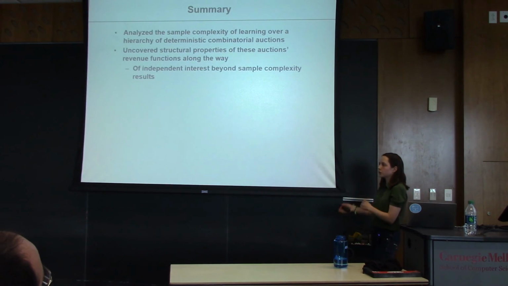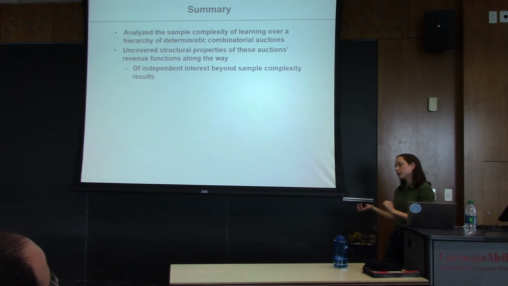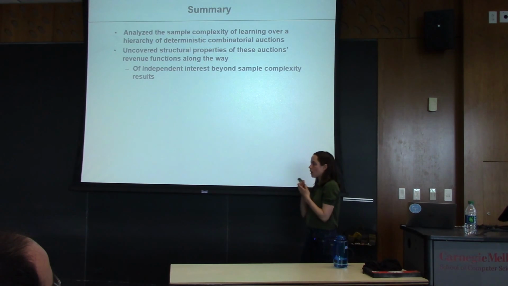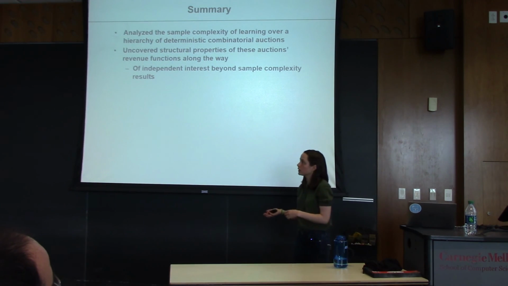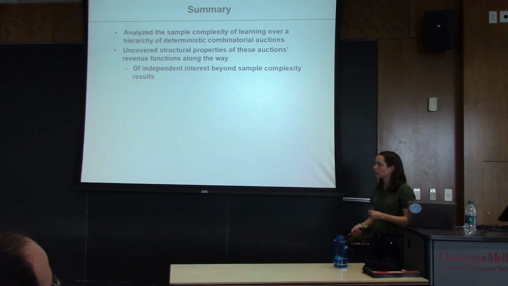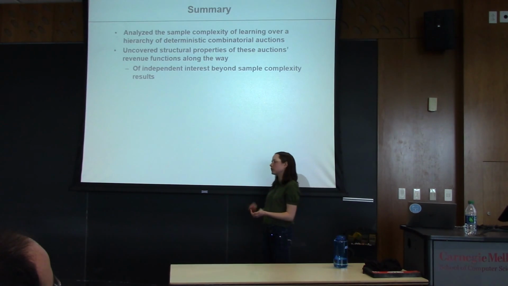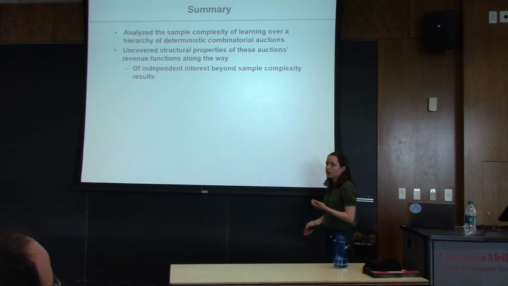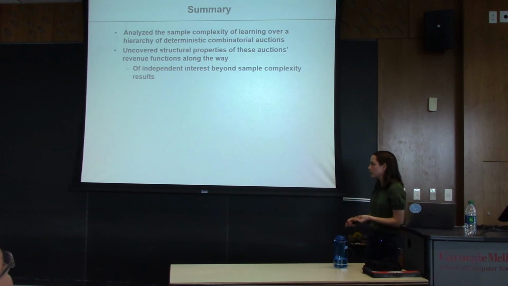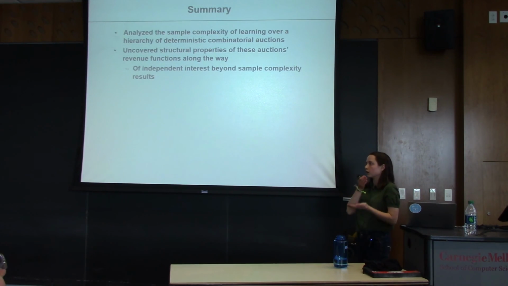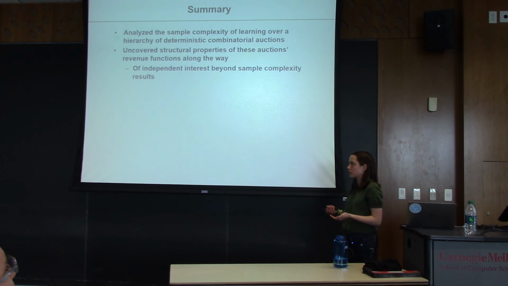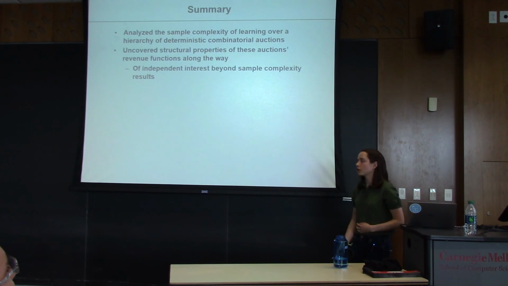And so in summary, what did we see? We analyzed the sample complexity of the hierarchy of auction classes, and along the way we saw structural properties. Hopefully this final proof gave you some idea of the structural properties we were able to glean from our investigation into the pseudo-dimension and Rademacher complexity of these auction classes.